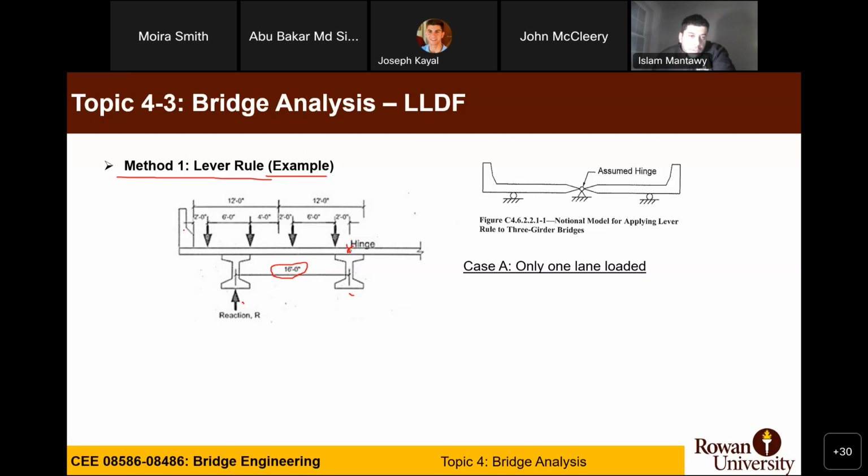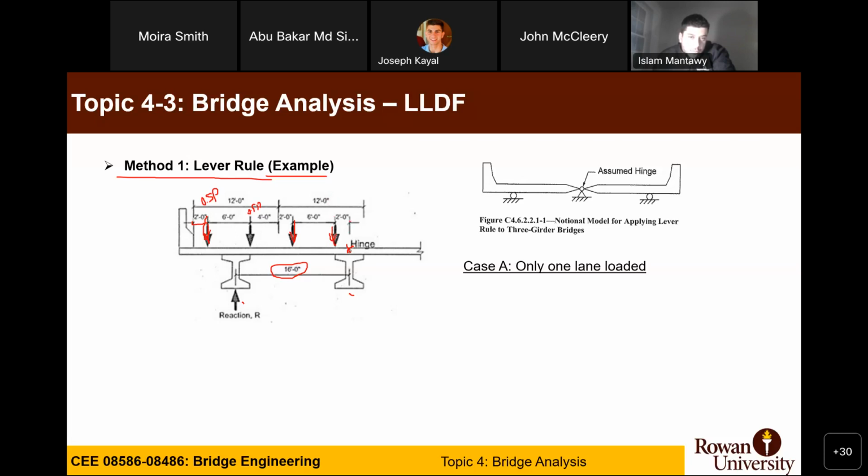Okay. You start with 2 feet to put your first wheel, of 0.5 P. Correct. And another 6 feet, you put another 0.5 P. And you have 4 and 2, which gives you 6 feet spacing to the first wheel of the second truck, and another 6 feet to the second wheel of the second truck.